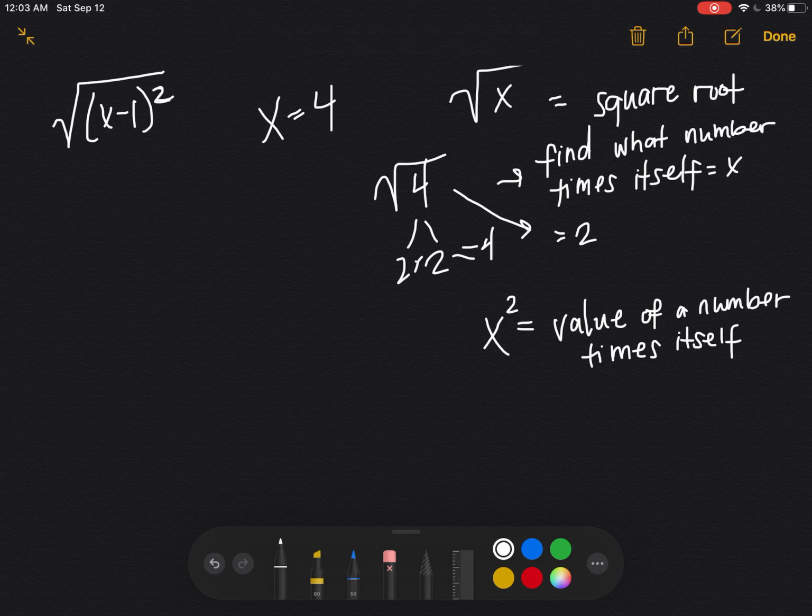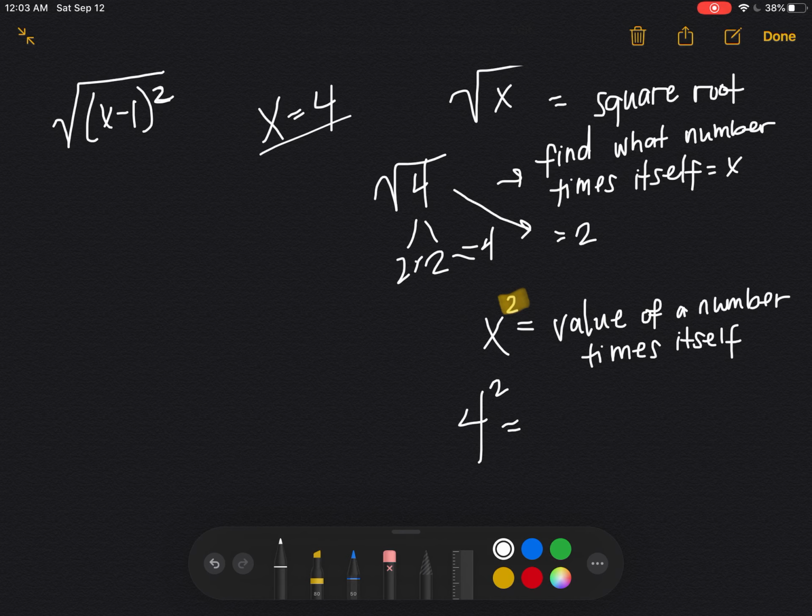So moving on to the next one, I have x squared, which the exponent in this is the 2, and that's what makes it the squared of the equation that you're trying to find. So finding the square of something is finding the value of a number times itself. So if I put 4 squared, because I did say I was going to put x equals 4 as my number for both of these examples.